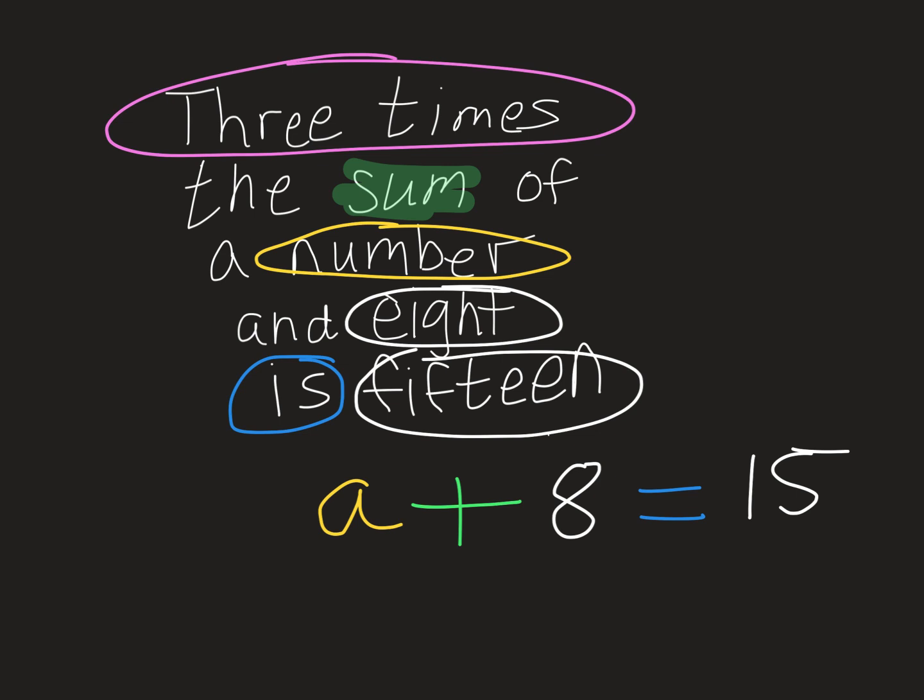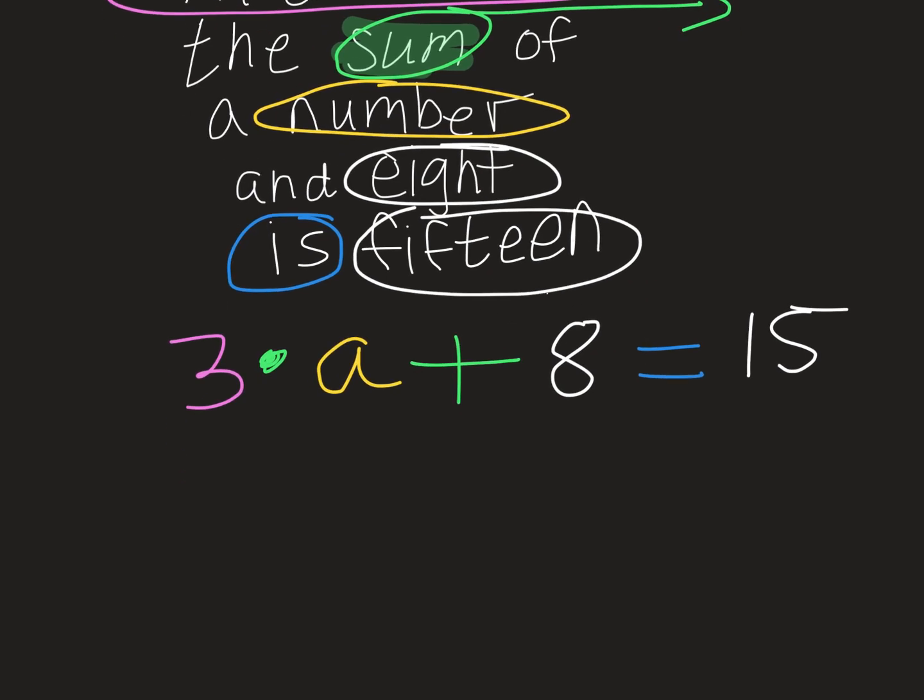The problem is this word sum. In order to be able to multiply 3 times it, I've got to have a sum in the first place. If I write it like this, 3 times, in order of operations I would be doing the multiplication first, because of please excuse my dear Aunt Sally.